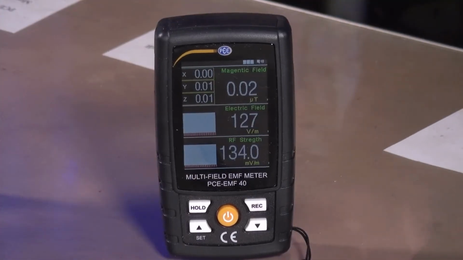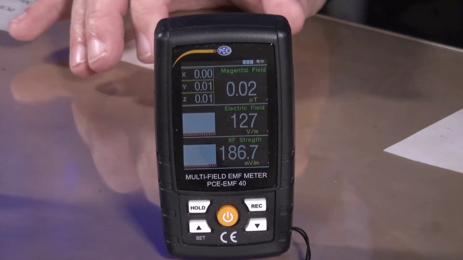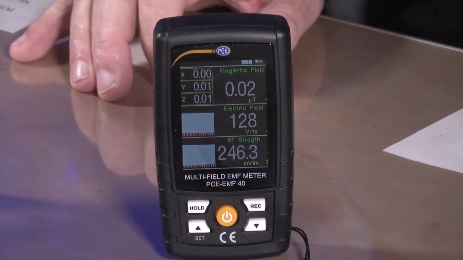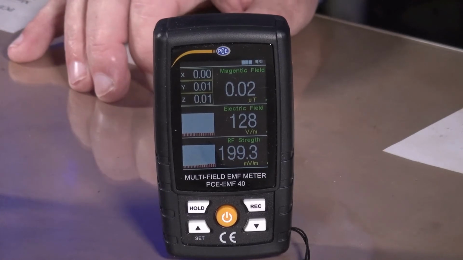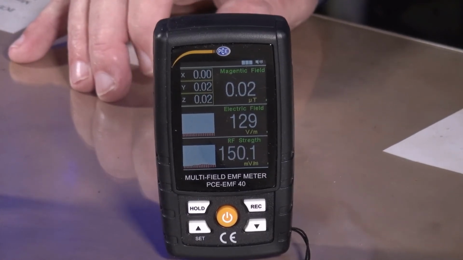Besides the numeral display, there is also a graphic display, where the last 20 measured values are shown. For a quick look, I can switch from millivolt per meter, volt per millimeter, microwatt per square centimeter, milliwatt per square centimeter, and milliamp per meter.